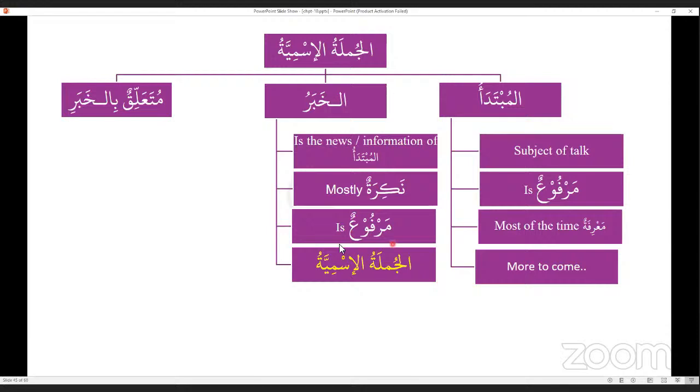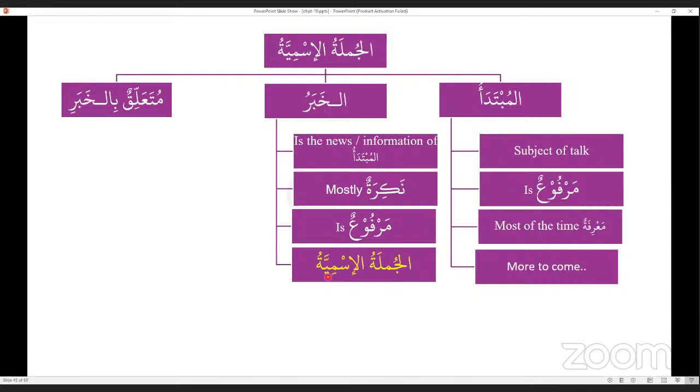But the whole Jumla Ismiyah can be Khabar also. So when Jumla Ismiyah is Khabar, I will say it is Jumla Ismiyah is Khabar, and then I will say Fi Mahalli Raf'in. What is Fi Mahalli Raf'in? In place of Rafa.